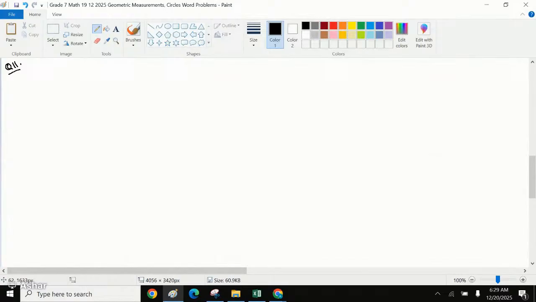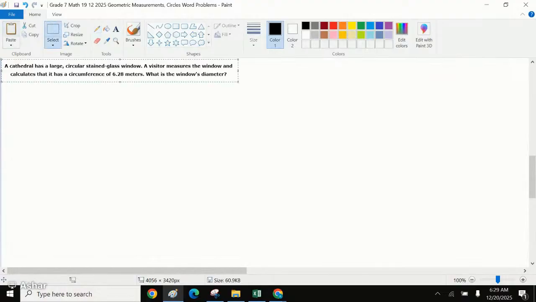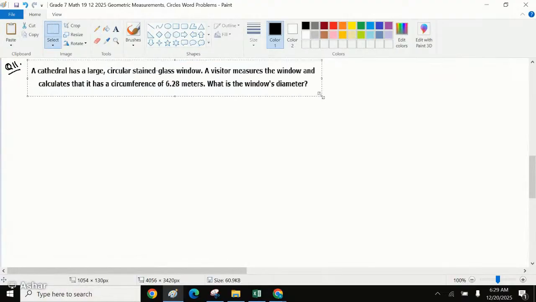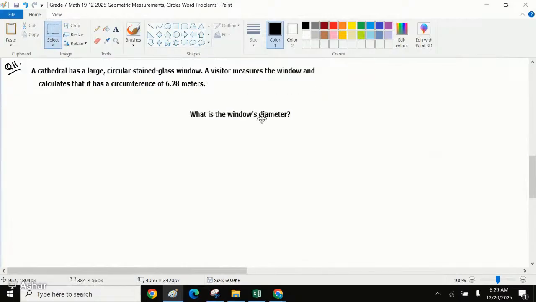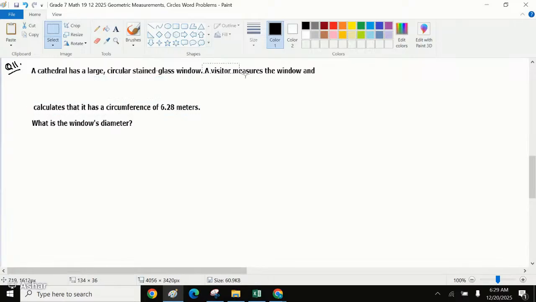Let's do question number 11, and then let's try a few questions from the test as well. Let me just align this so that it's easier for us to read.